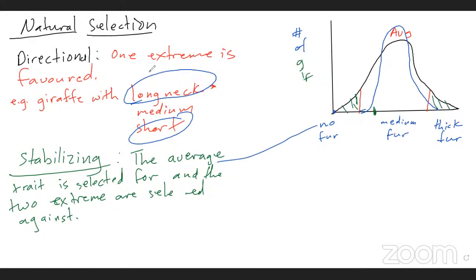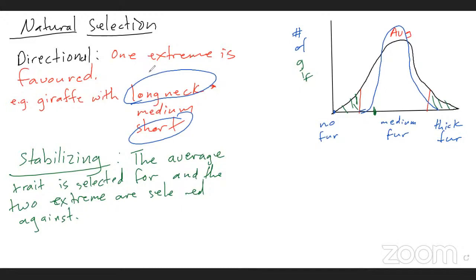So for the one with the giraffe, right, how could you adjust it to become stabilizing selection? Just to see if you understand. Which one of the necks would be favored if it's to be stabilizing? Yeah, medium. Medium, that is correct.